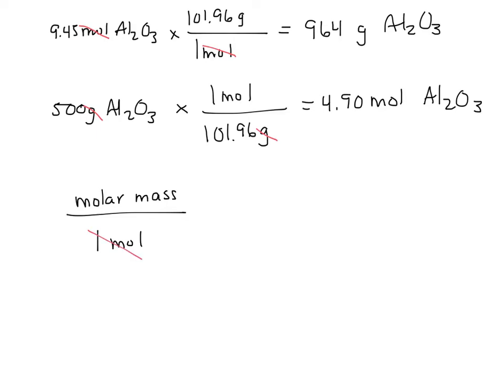If I'm trying to get to moles, I want to have my 1 mole on top and my molar mass on the bottom, so that my mass will cancel with what is given. So you always want to have what you want on top. So my molar mass is going to be on top if I want to get to mass. My moles is going to be on top if I want to get to moles.